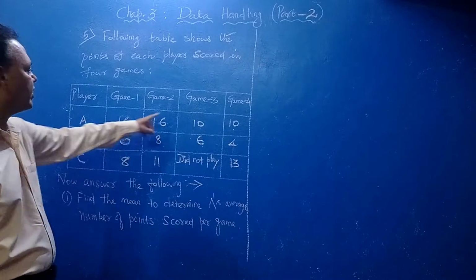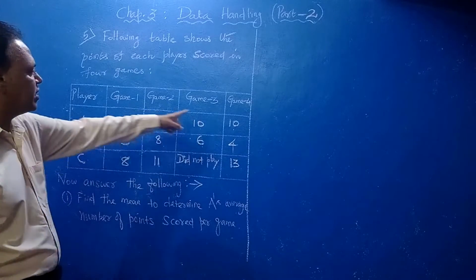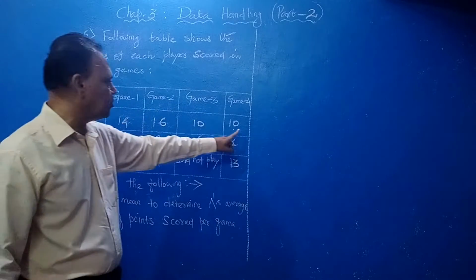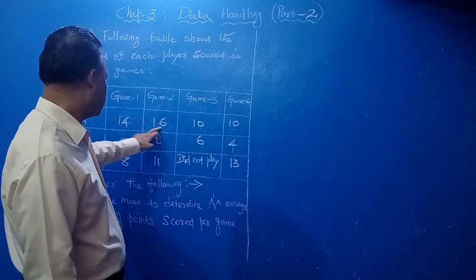That means you have to find out A's average, that means the mean. So sum of all the observations divided by the 4 games.